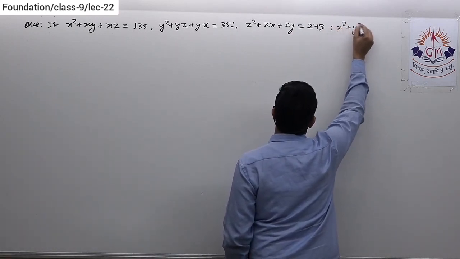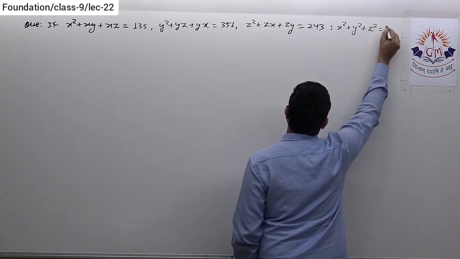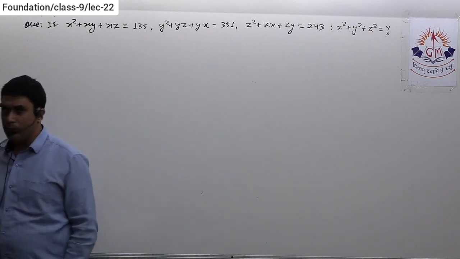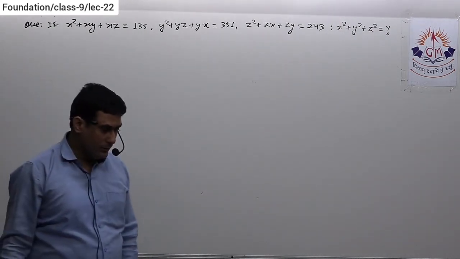x square plus y square plus z square. Okay, so think for a while about how you will solve this, and then I will give you its solution.